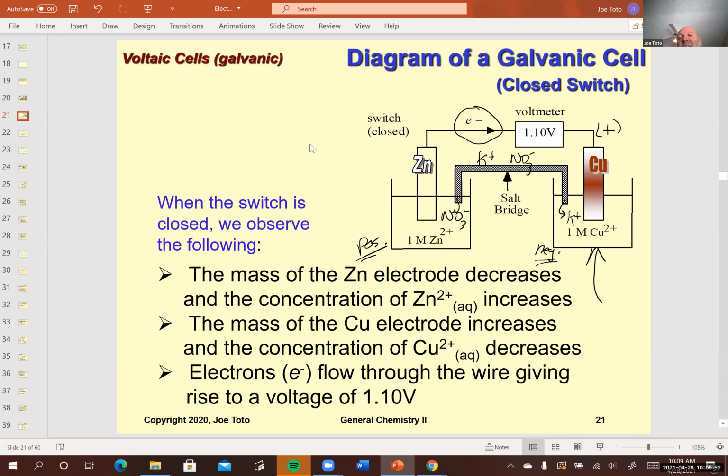So we're going to define that electrode to be positive. It's also the electrode where reduction is going to take place. That's called the cathode.